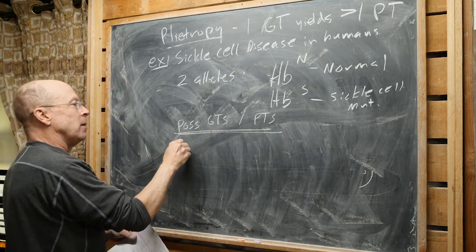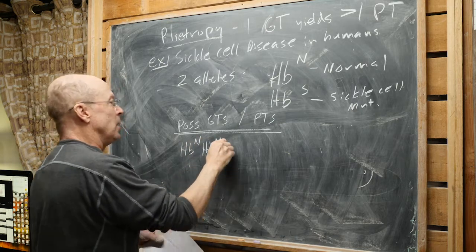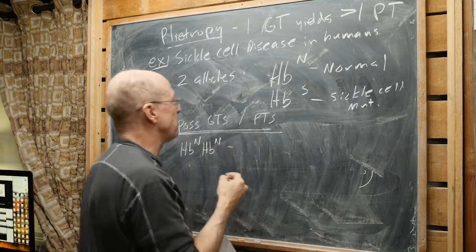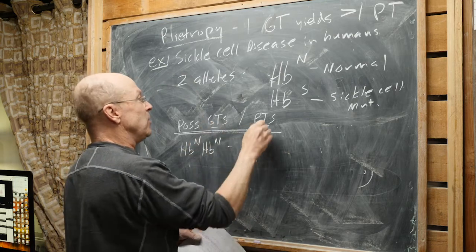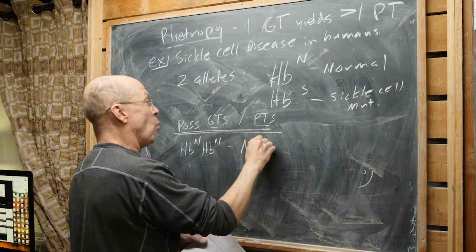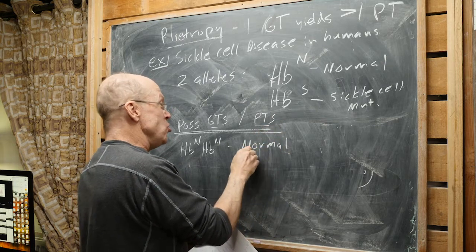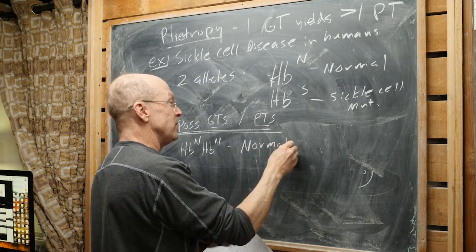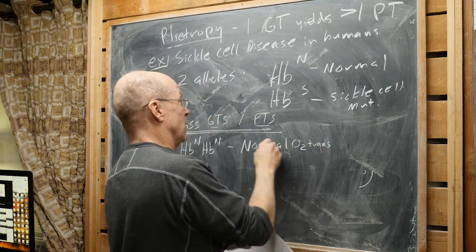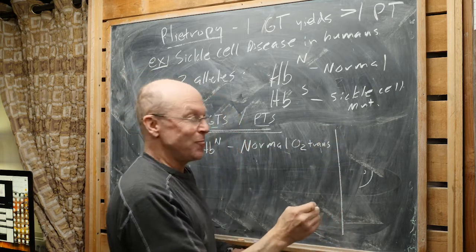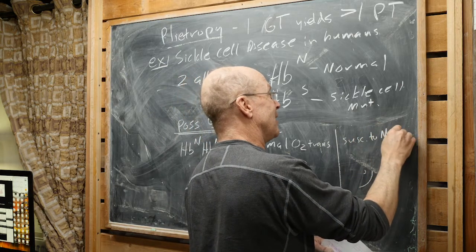We would have here a HBN, HBN, and that produces, from a circulatory perspective, this is the genotype, and then the phenotypes, this would be normal, and by the way, this is phenotype number 1, normal O2 transport. And this is the curveball, susceptible to malaria.